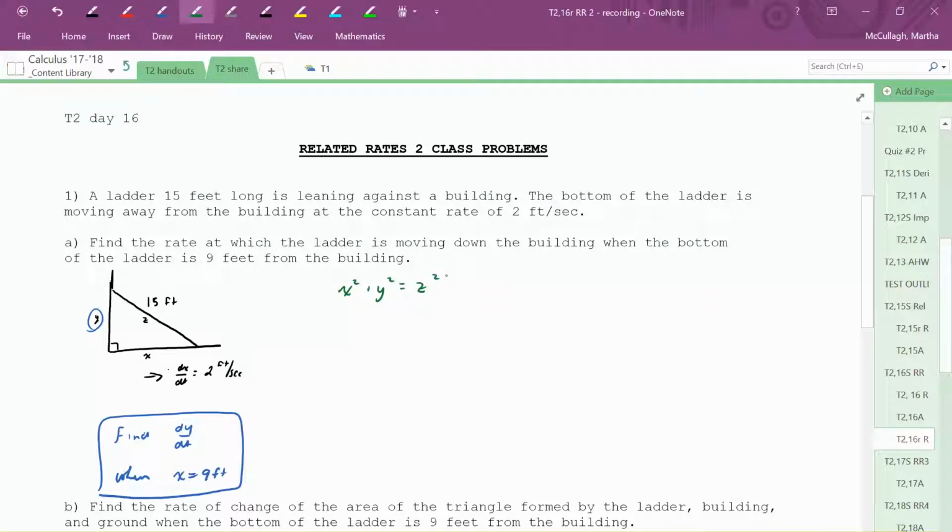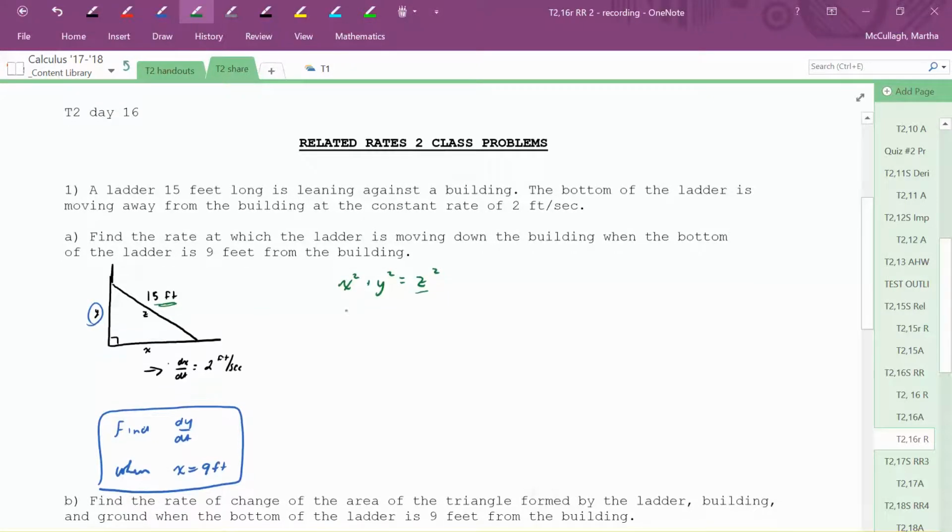The one little piece that I'd like to introduce today is that if we know that something is not going to change over the course of the problem, so in this case our z is not changing, the length of the ladder is not going to get longer or shorter, we can go ahead and plug that value in now. x squared plus y squared equals 15 squared.